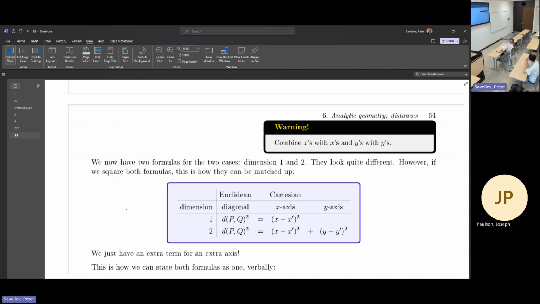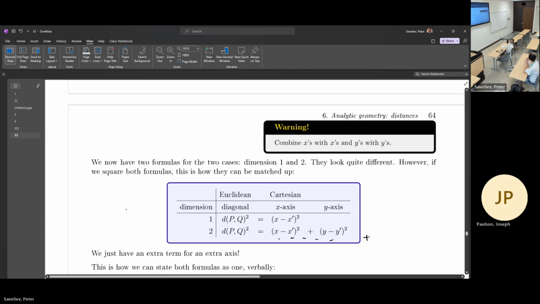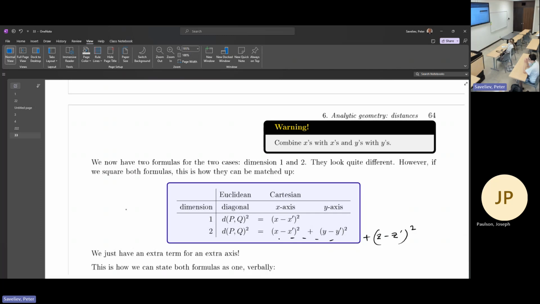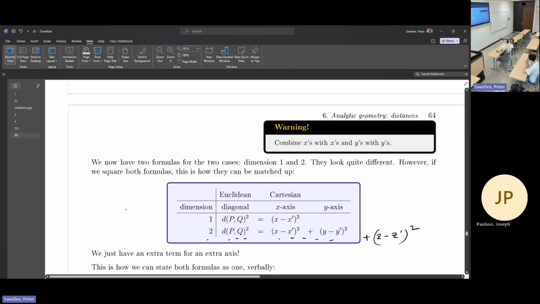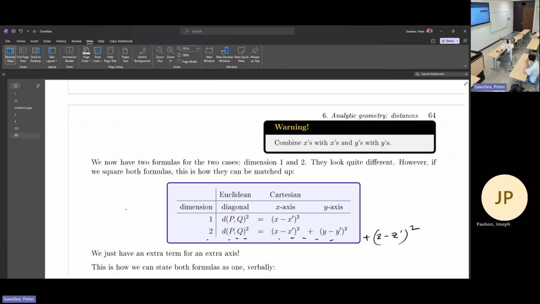Can you be more specific? Same as dimension 2, but it would add z prime. It's just a prime, not a derivative. And indeed, just add an extra term with the third coordinate, and then you have your distance for dimension 3 right away. It's a guess, but it's a good guess.